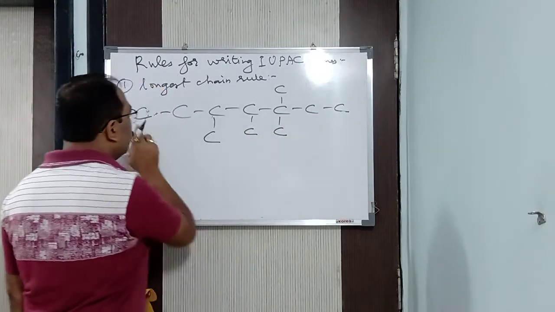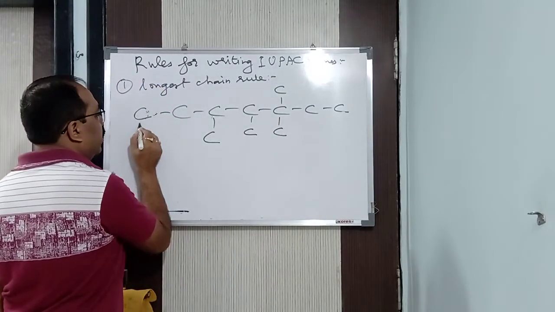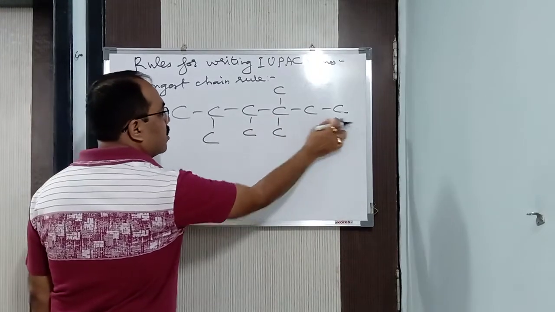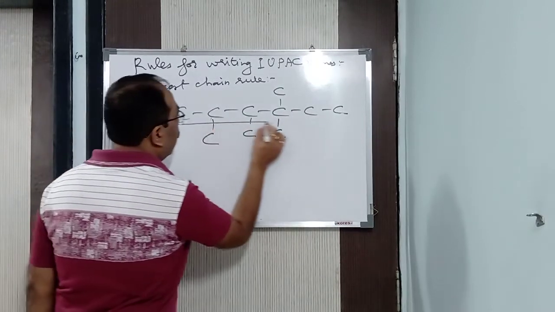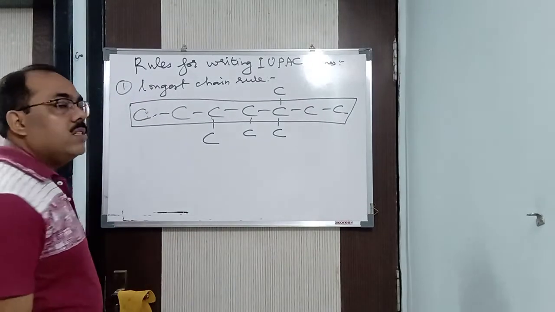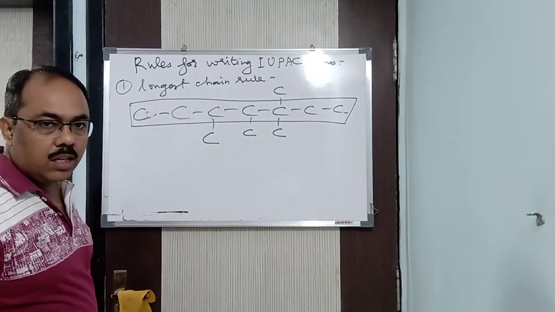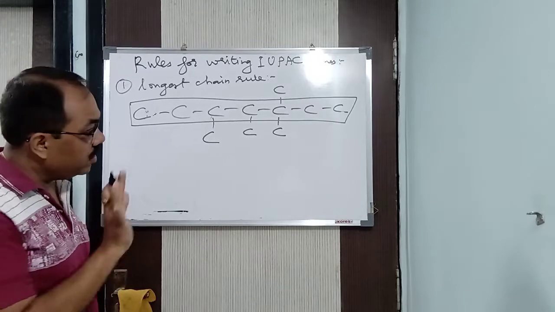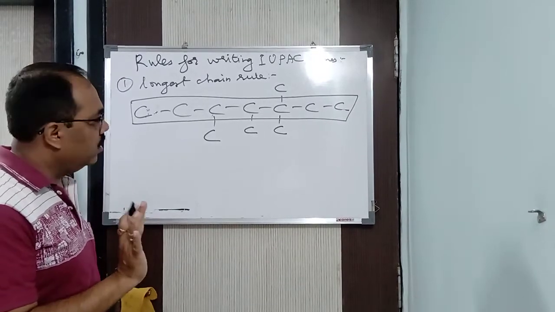No, 4 carbon atoms. So which has the maximum number of carbon atoms down here? 1, 2, 3, 4, 5, 6, 7. So this is your longest chain. Understood now? I have already said this earlier, and once again I am saying it. Understand it first.